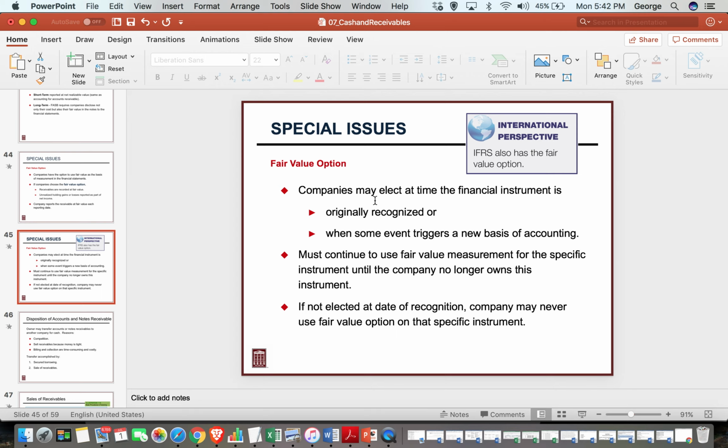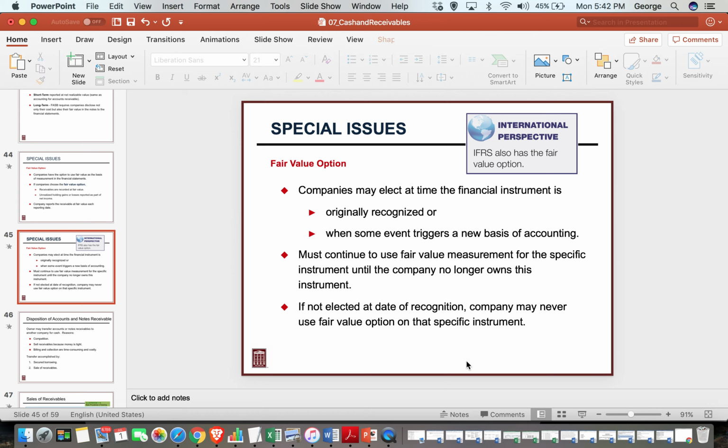Companies may elect, at the time the financial instrument is recognized or when some event triggers a new basis of accounting, to go ahead and elect the fair value option. Usually you elect it at the beginning. Once you select it, you must continue using fair value until you no longer own the instrument, until it's been paid off.